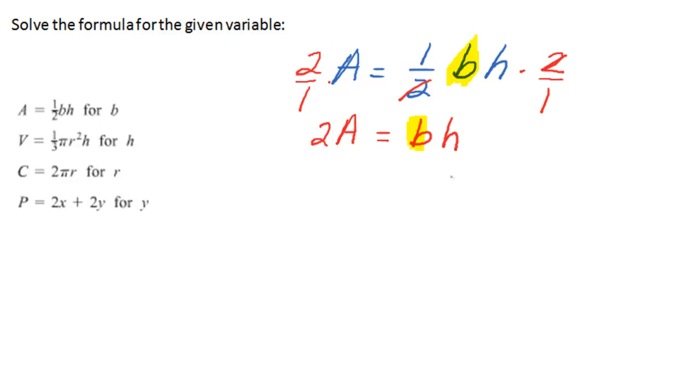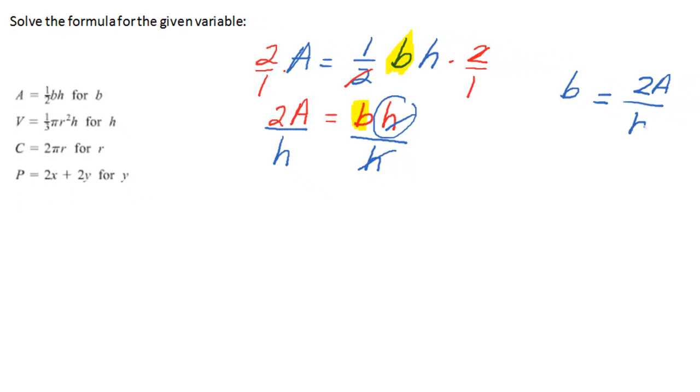Again, we want to isolate that b, so that h needs to move over, and it's multiplied times the base, so we're going to do the opposite. We're going to divide both sides by h. That cancels these h's on the right, which is what we wanted, and it gives us our formula for b. B equals 2a divided by h.